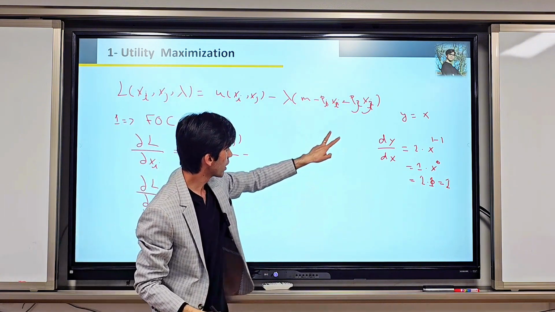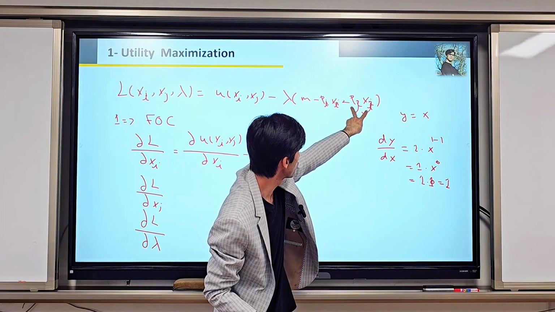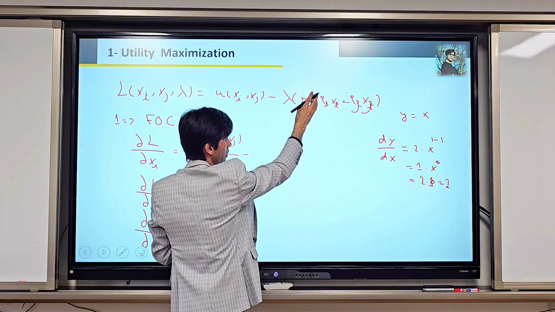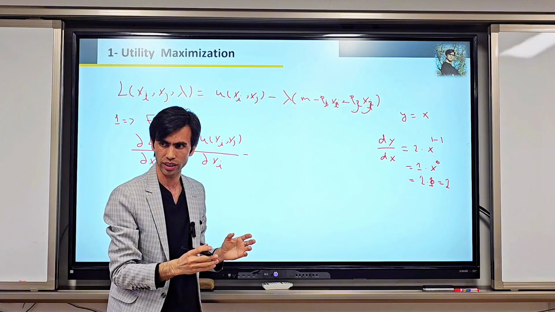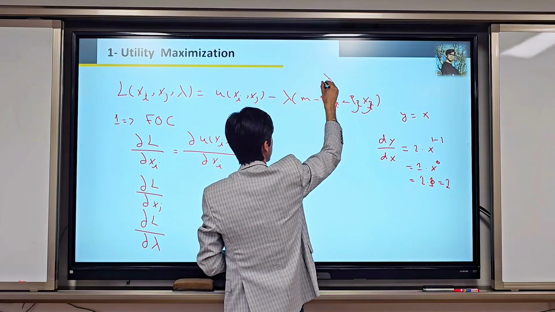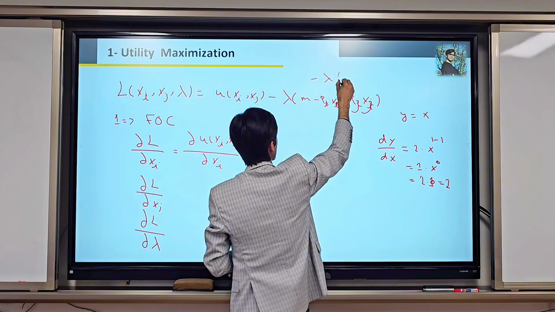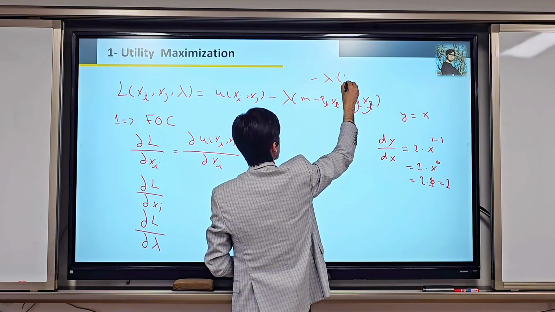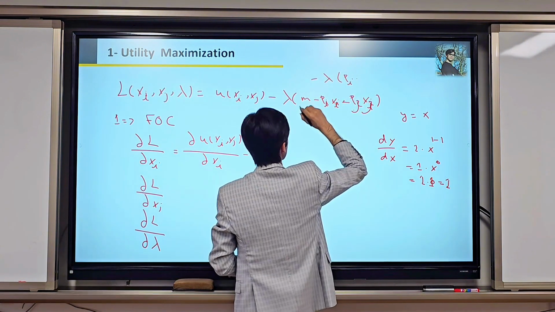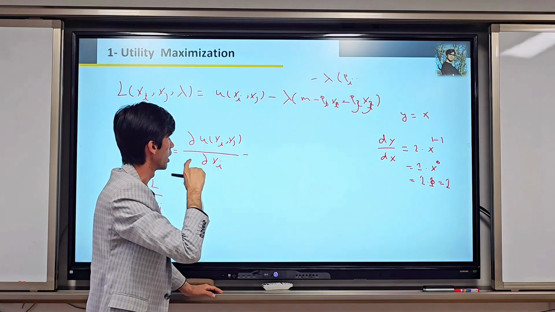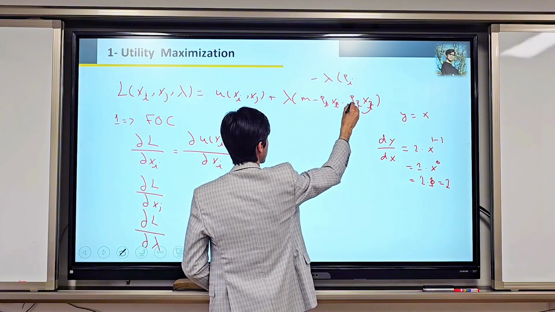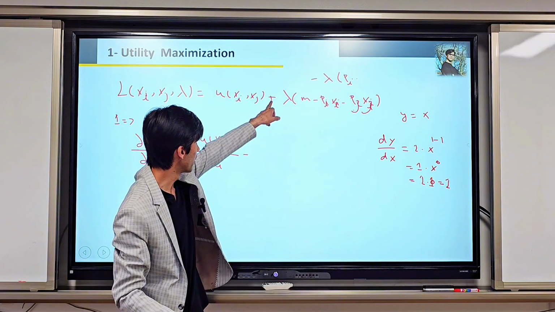When we take the partial derivative of this one, because we don't have any xi term, it's 0. When we take the partial derivative of m with respect to xi, because it doesn't have any xi element, it's also 0. I think I made some mistake with the signs.